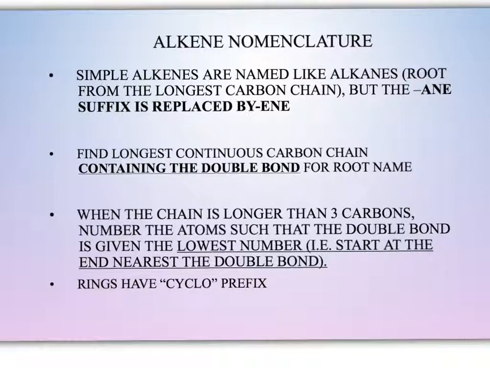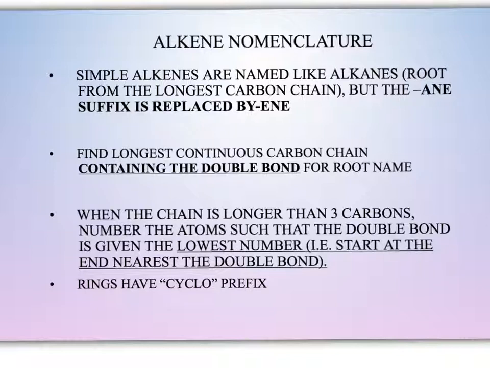But instead of having the ending ANE, we will replace that with the ending ENE. And when the chain is longer than 3 carbons, we will number where the multiple bond is. And we want the double bond to be on the lowest carbon number possible.